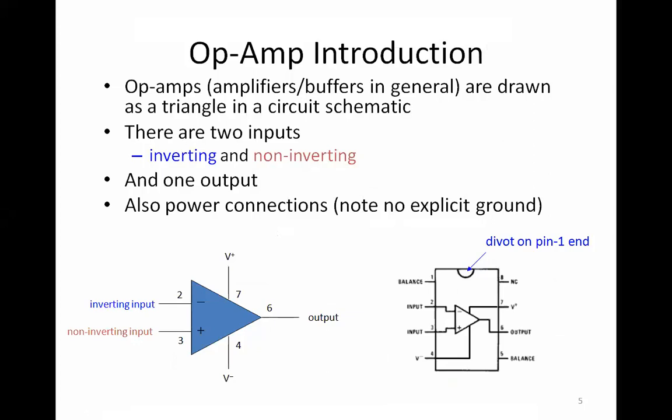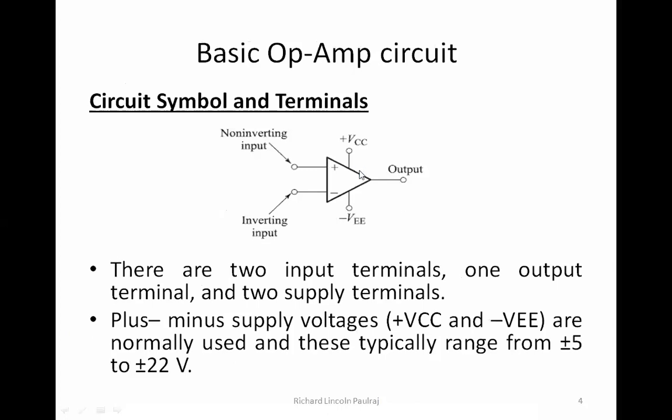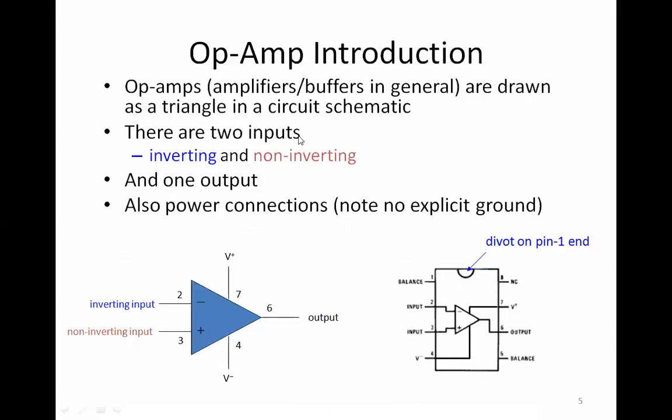Now, let me introduce you to a few more specifics of this op-amp. Op-amps, amplifiers or buffers in general, are drawn as a triangle in circuit schematics. You have seen that here. We use a triangle. There are two inputs, inverting and non-inverting, and one output terminal.